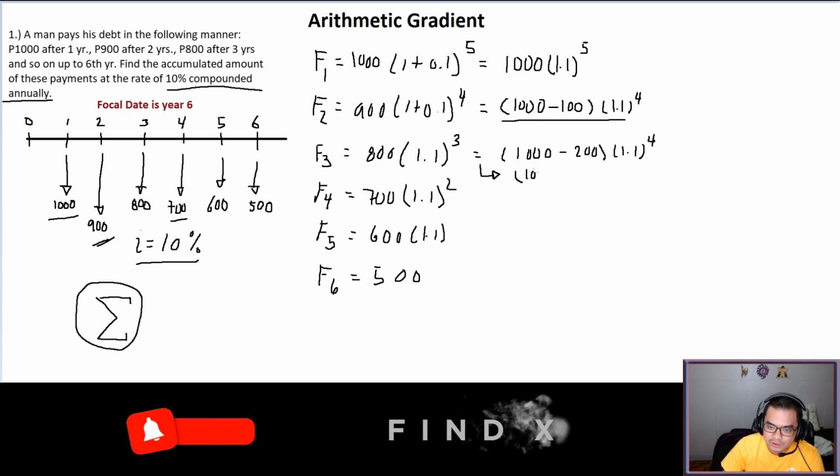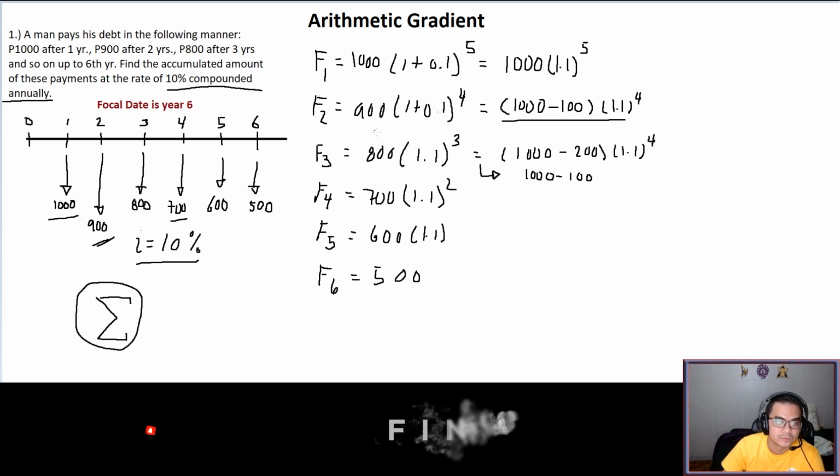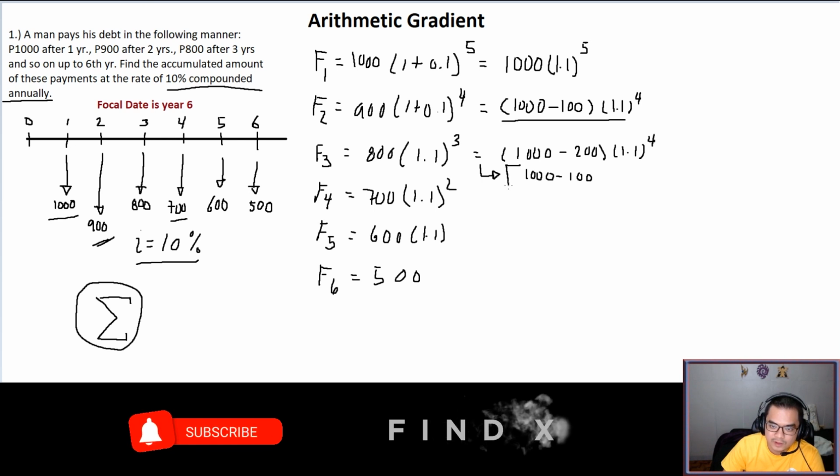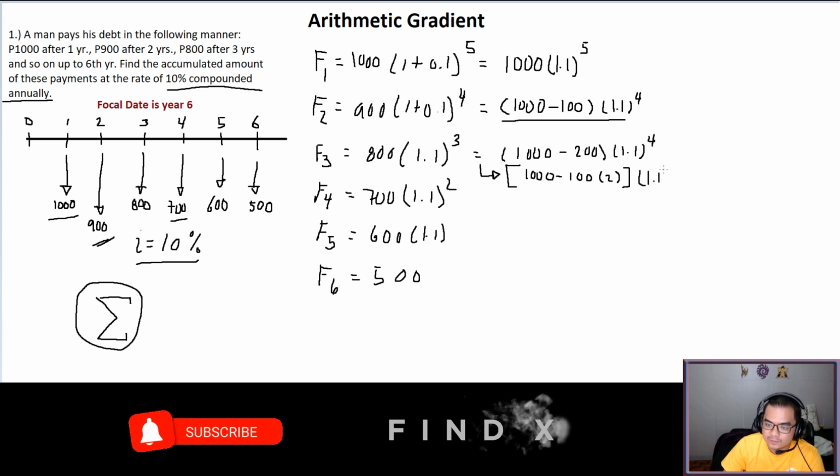This is 1000 minus, rewriting this equation, 1000 minus 100 times 2, right? That is just the same, raised to 4. Okay. Now, how about for this one?